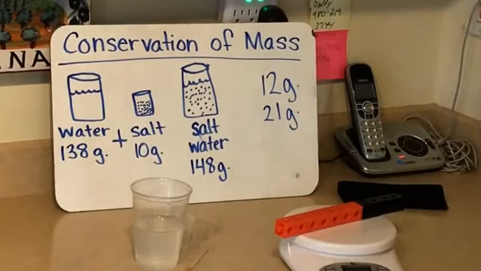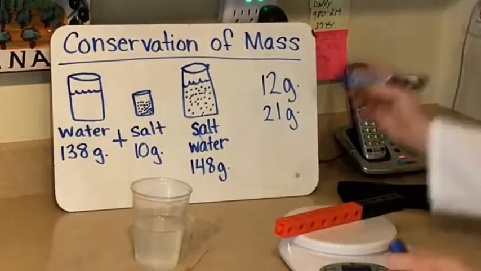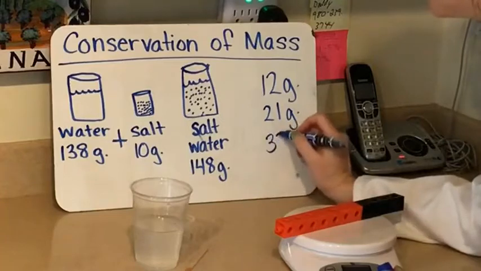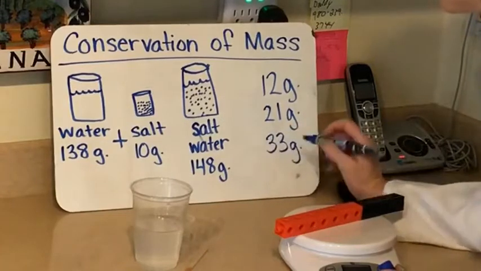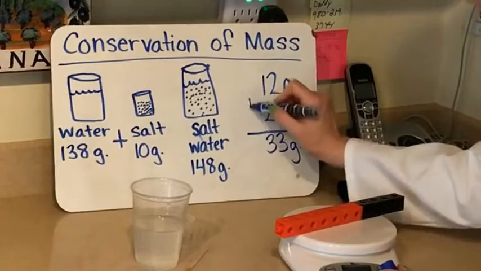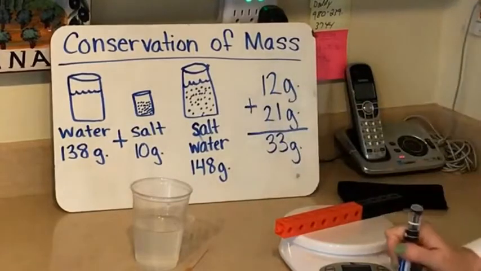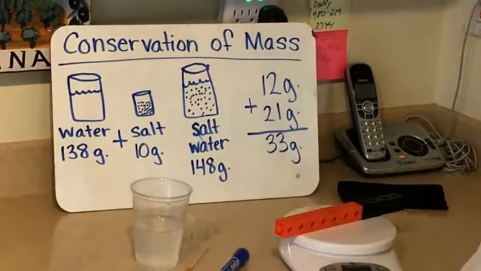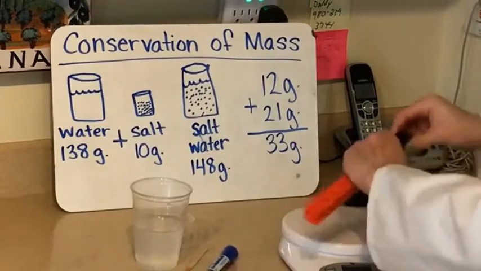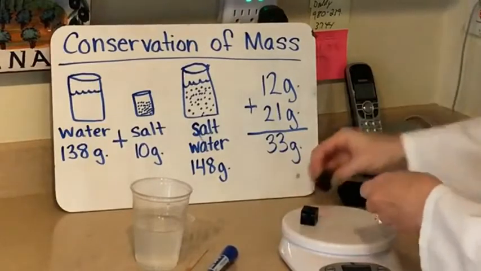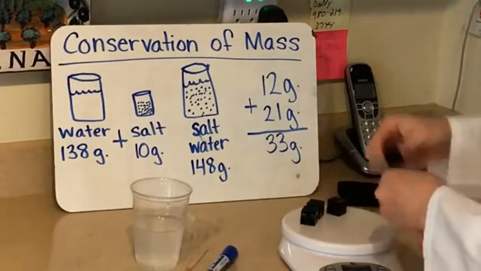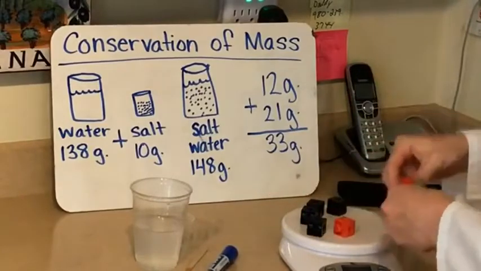And the total weight is 33 grams. Think about how we got 33 grams. It's almost like an equation. 12 plus 21 equals 33 grams. What if we broke them all into pieces? Do you think they weigh less when they're all separated out? Let's see.